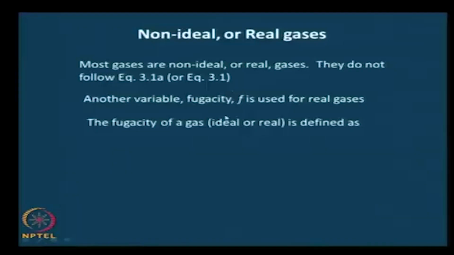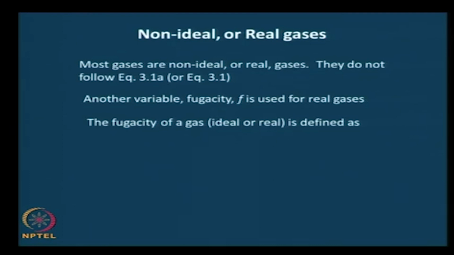The fugacity of a gas, in fact fugacity is a little general. If we are going to define it for real gases, it should be applicable to the ideal gas in the limiting case. Whenever you generalize, it should also take care of a special case.